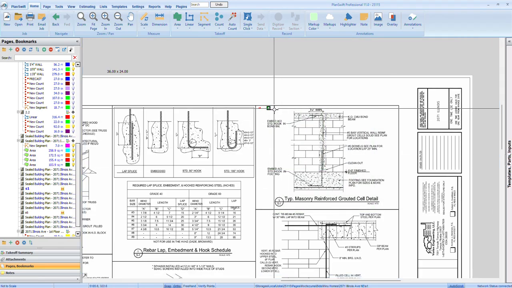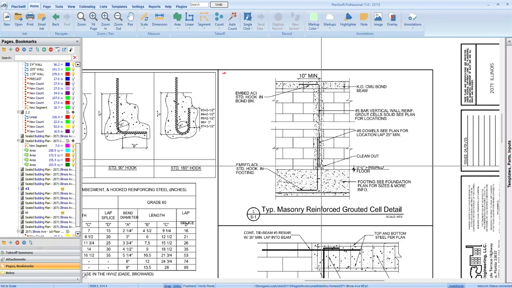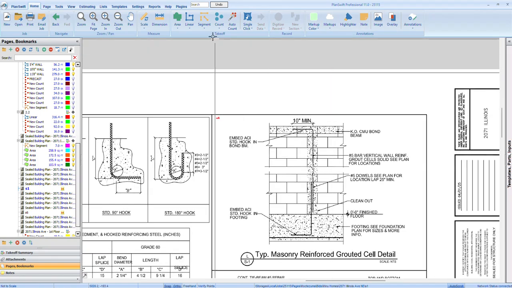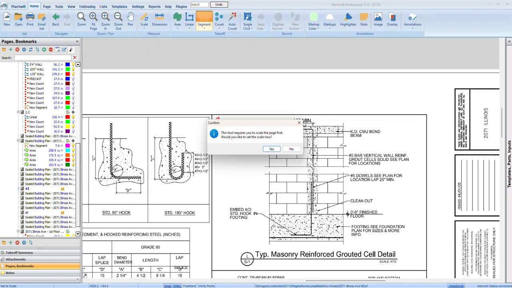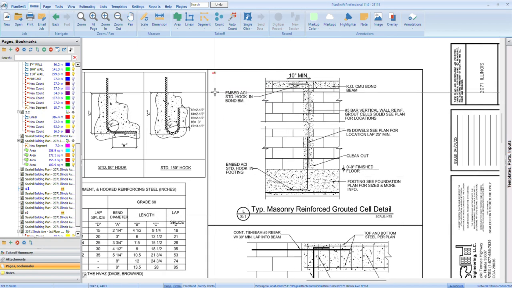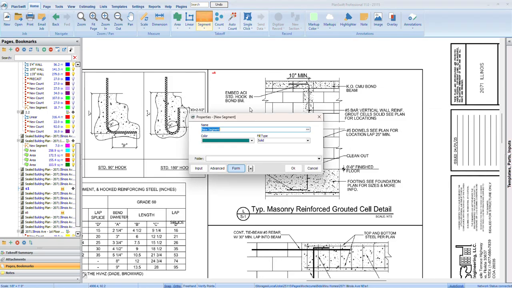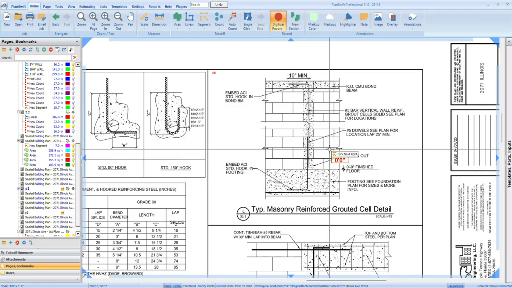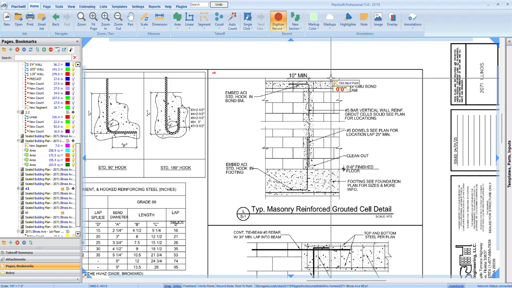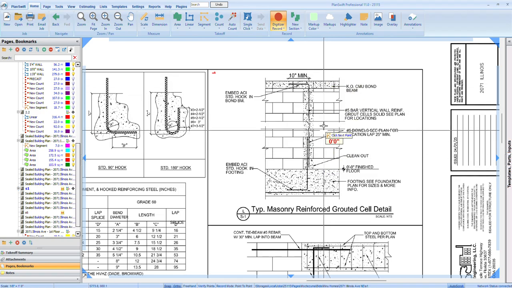So here's our bar. The way I always figure out my rebar height is I know that I'm at 10 feet total.